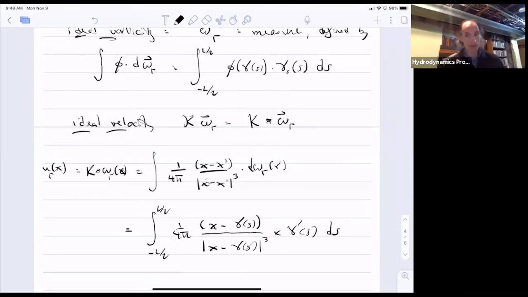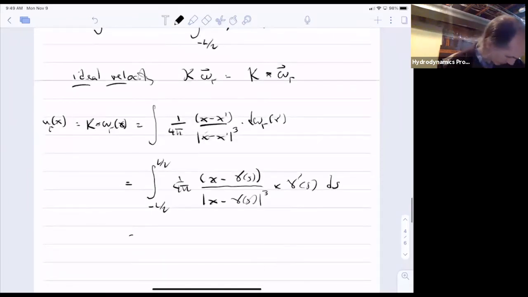Okay, so this is the ideal velocity field generated by a curve gamma. And this, of course, as we saw before, is not even locally in L2. And so the Euler equations just don't make sense at all for this velocity field.